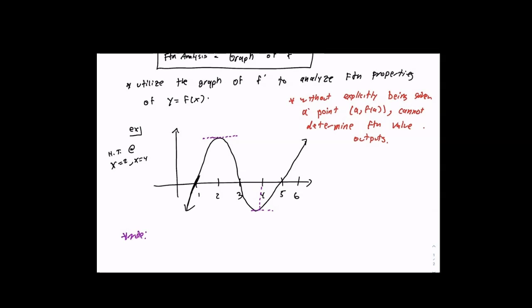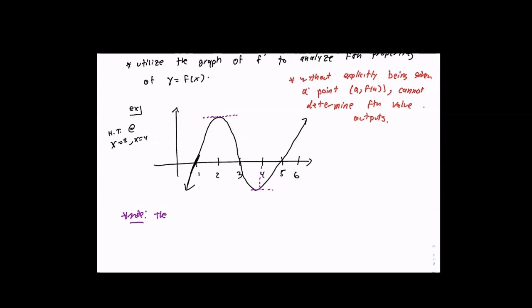Also to note, remember, the slope of f prime is the value / sign of f double prime, i.e., if f prime is increasing, then f double prime is positive.